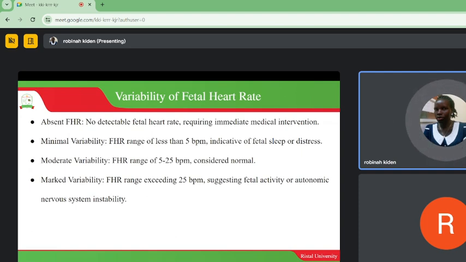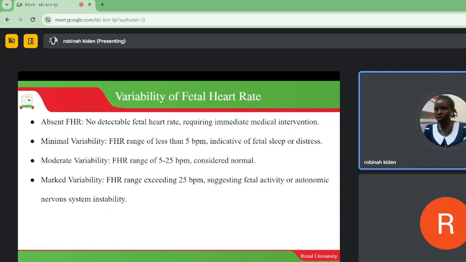So if there is variability of like 5 beats per minute, you first took it was 130, then this time you are taking 125, it is not so much worrying. It may be that the fetus is taking a snap or is distressed, but it is not so much worrying.